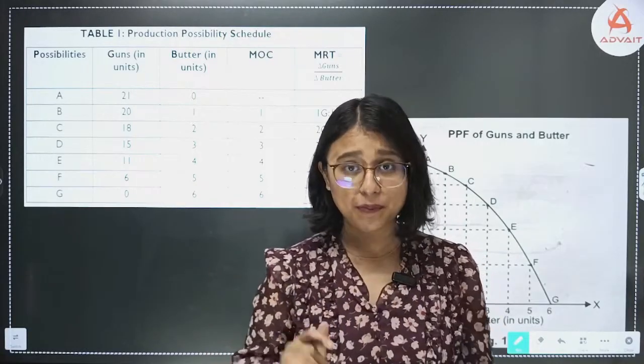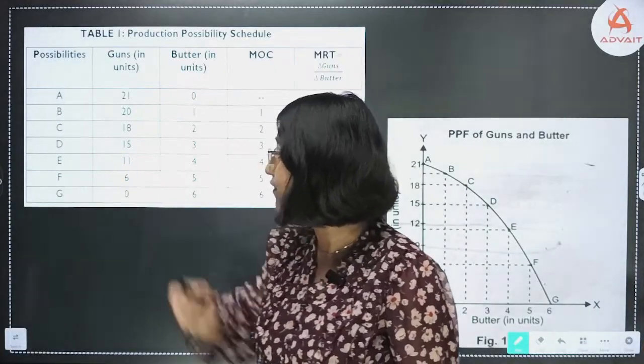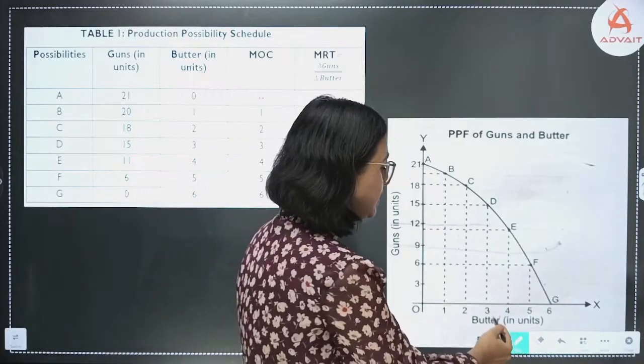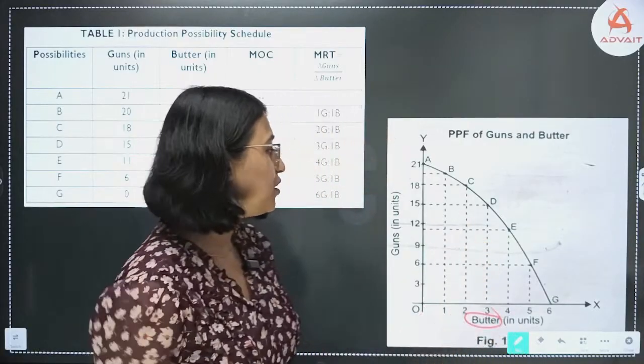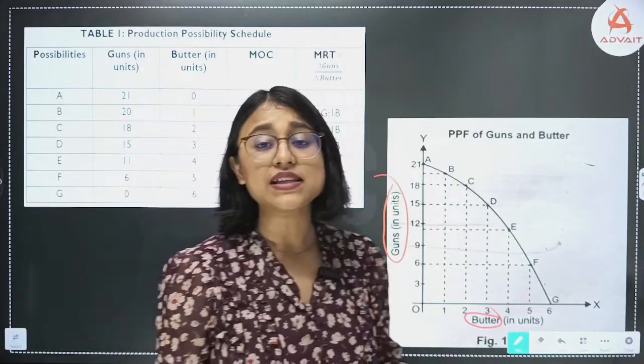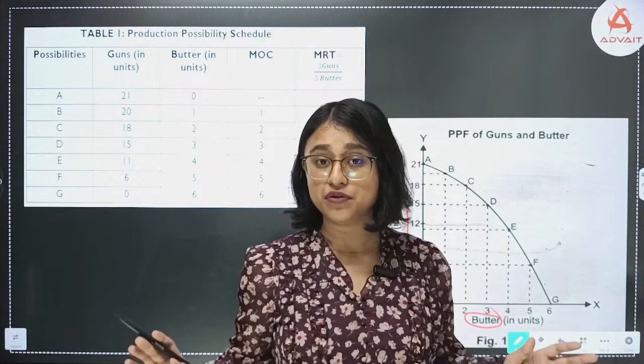For example, there are various possibilities A, B, C, D, E, F, G. And suppose we are producing two goods. On the x-axis we have taken butter. On the y-axis we have taken guns. It means since our resources and technology are fixed, we cannot produce as much as we like.